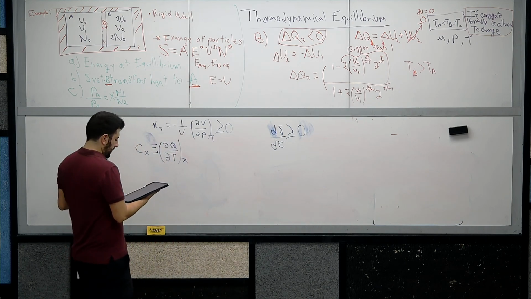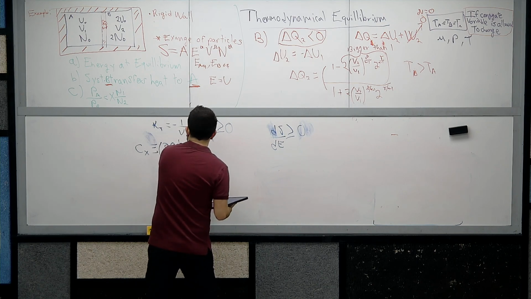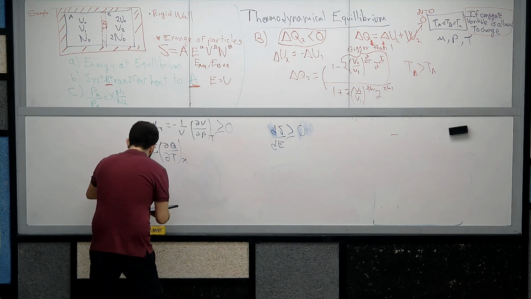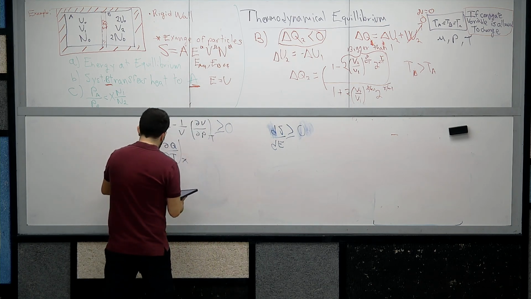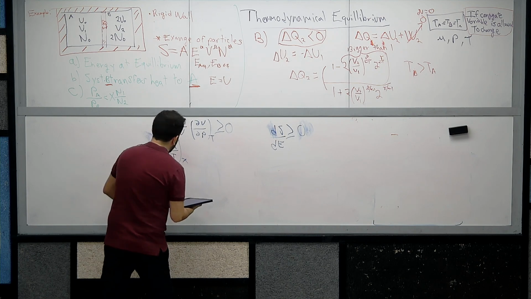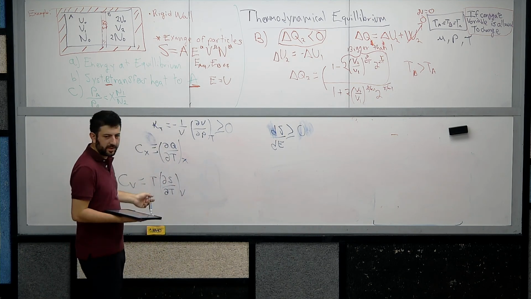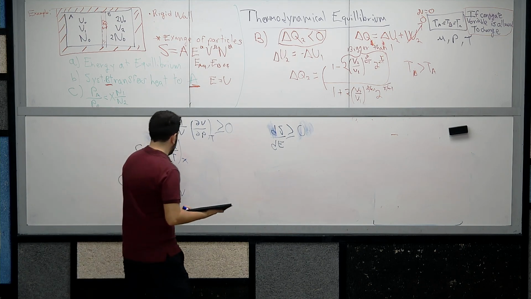And you can show this because you get that Cv is T dS on dT at constant volume, right? From the expression of the energy. I think I erased it, but you get this.